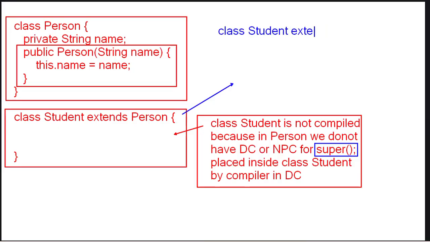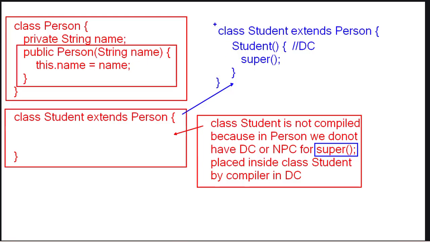class Student extends Person, open bracket. Inside, the compiler places a Student no-param constructor. What is this constructor? The default constructor. By default, what will it place? The super call.